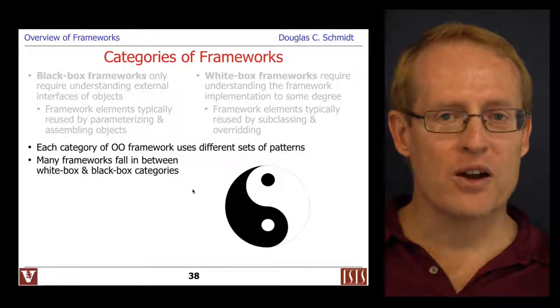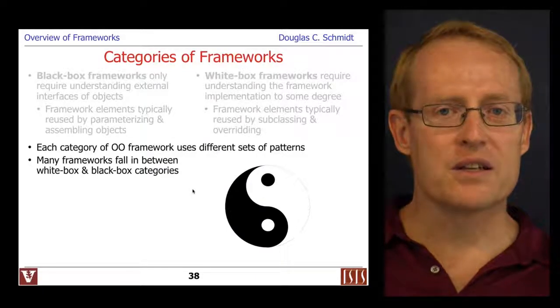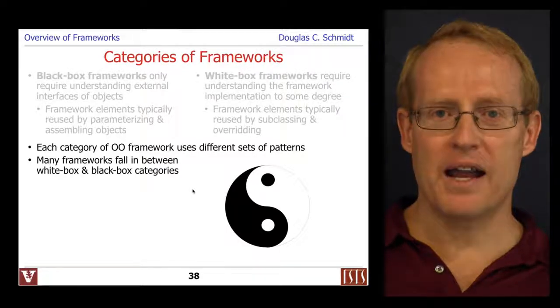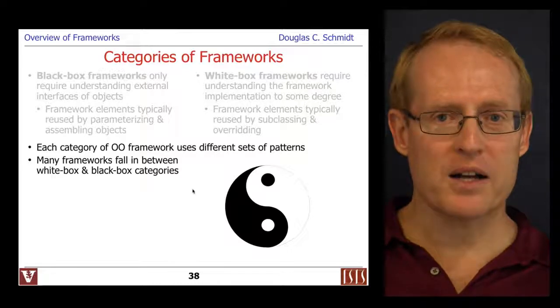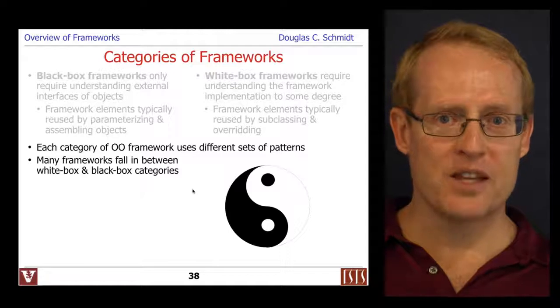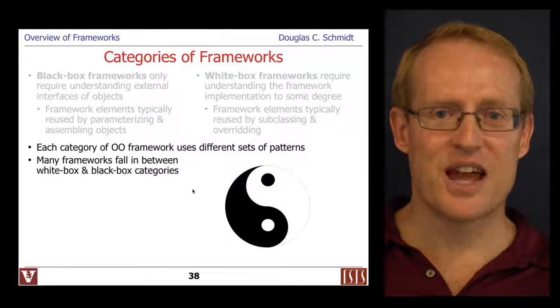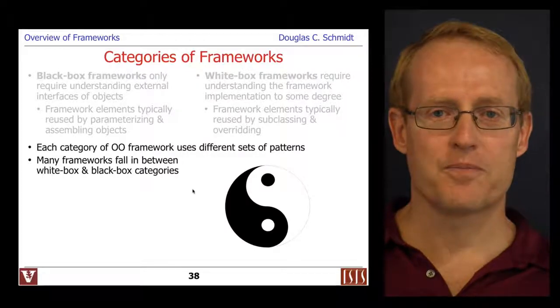As it turns out, and we'll see an example in just a second, in practice, many frameworks combine both aspects of white box and black box techniques in order to provide the overall extensibility and customization capabilities to application developers.